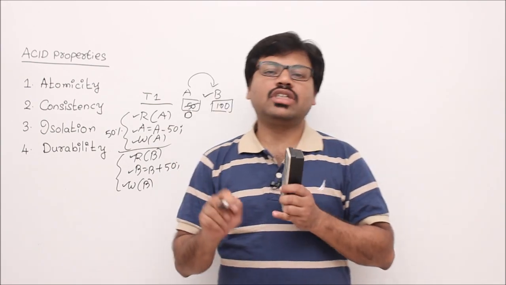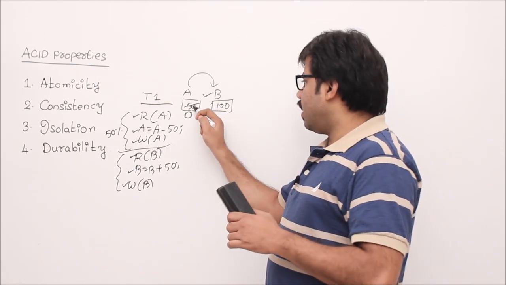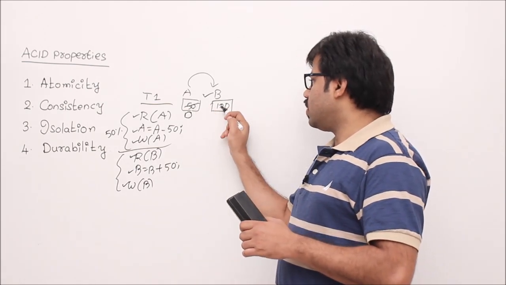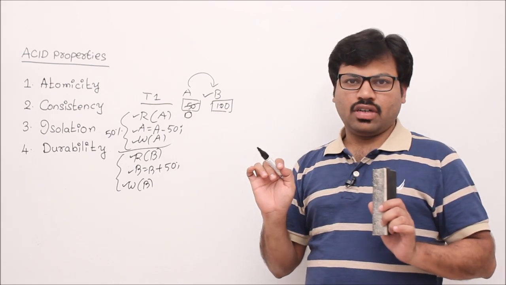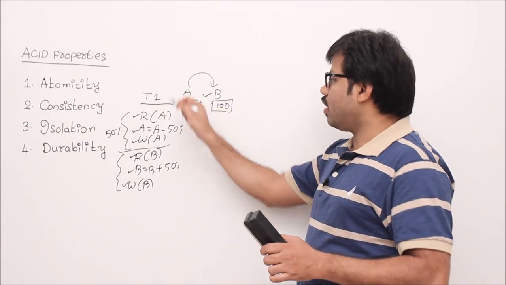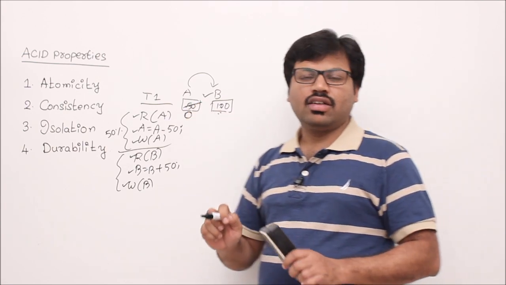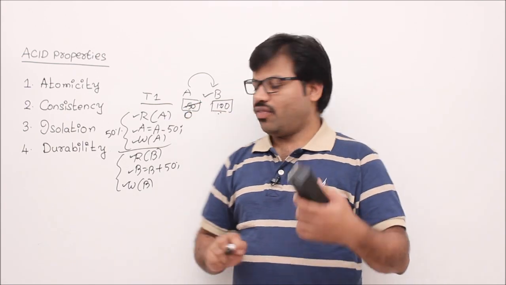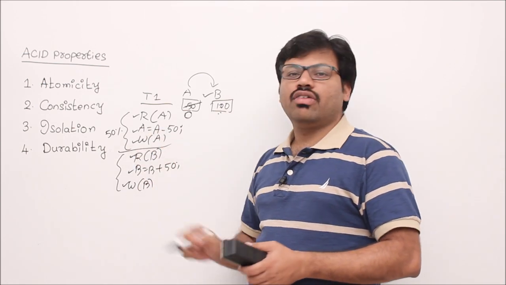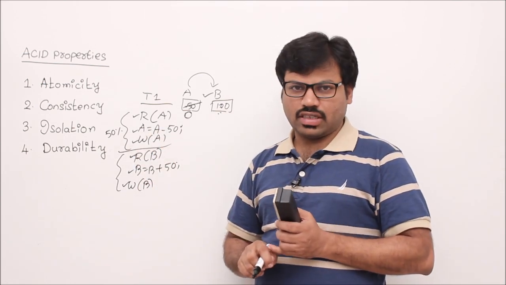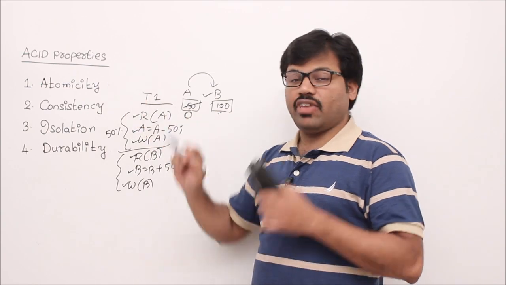That's why atomicity is very important. Either the entire 50 should be transferred, otherwise nothing should happen. It should not be that 50 is removed from here but not added here. That kind of thing will happen if only half of the instructions are done, correct? That's why atomicity is very essential.